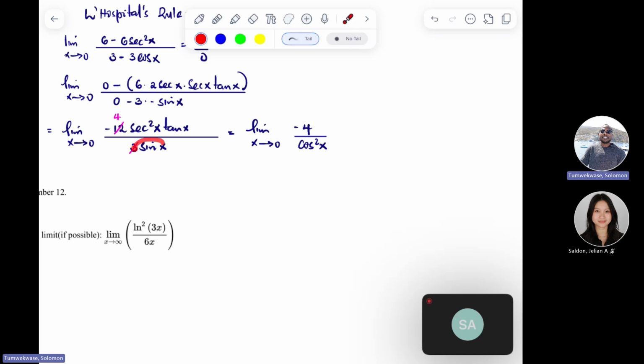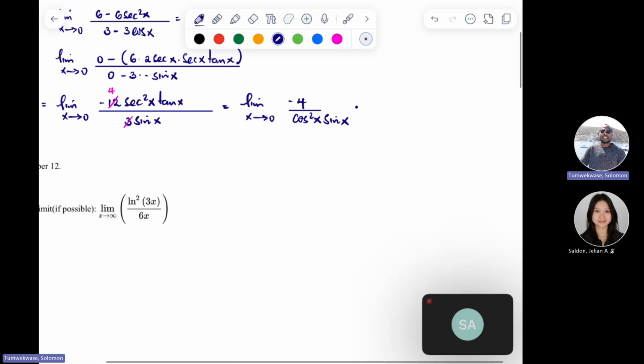But remember, there is a sine x down, so I can multiply that right here. Then times tangent of x, but tangent of x is the same as sine of x over cosine of x.